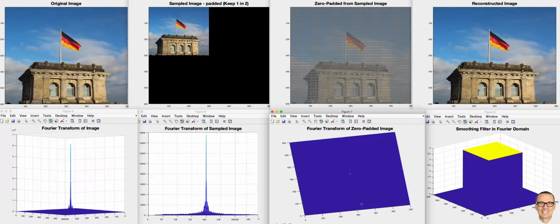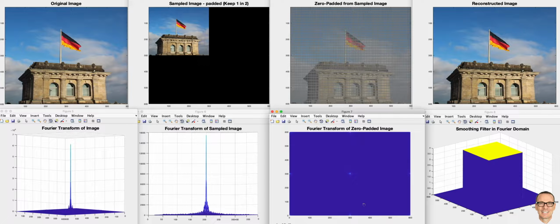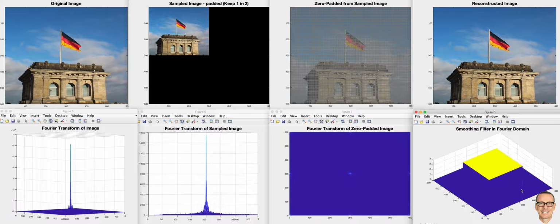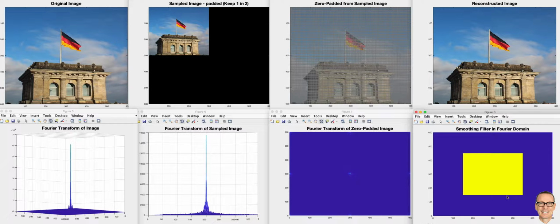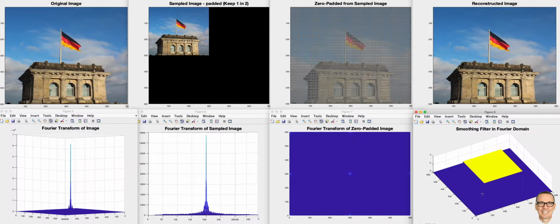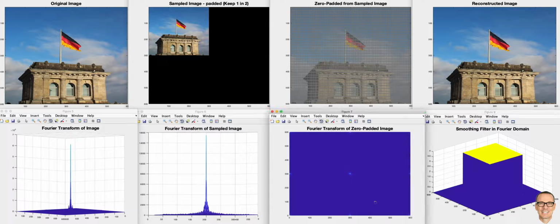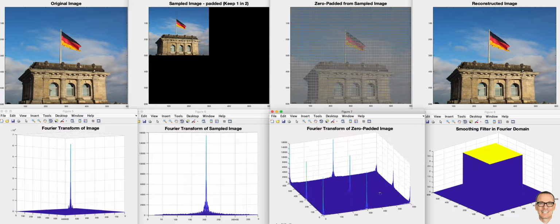If I rotate this around and look from the top, we've got copies along the outside corners and edges of this Fourier transform, and the filter we need to apply is going to pass all of the portion of this reconstructed image that's inside the yellow area, and block and set to zero all of the portion outside. So it's an ideal low pass filter. If you do that, you get rid of these copies and you get this image here.